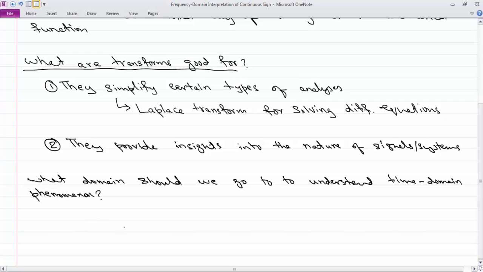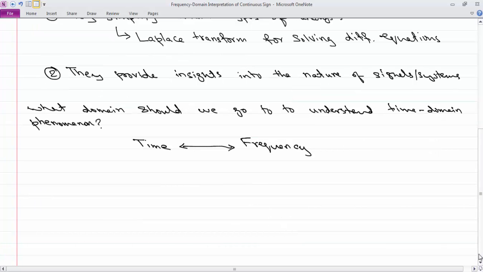The answer is that the best counterpart for us humans is that time has an equivalent, a flip side of it, which is frequency. And the Fourier transform helps us. The Fourier transform is nothing but a frequency representation of your signals.